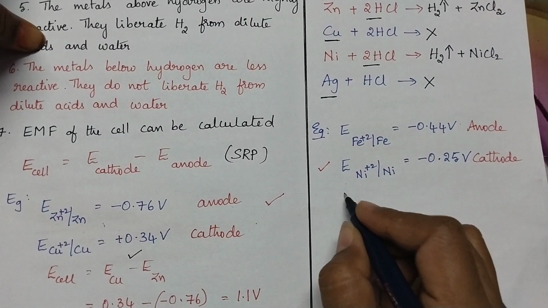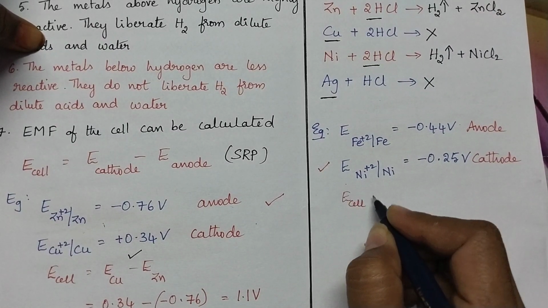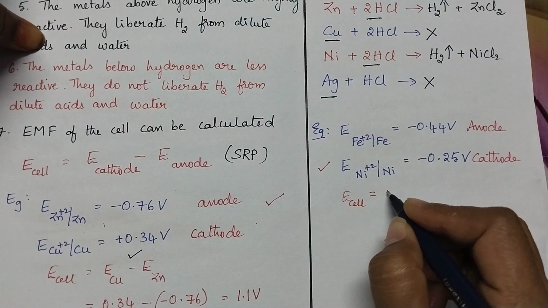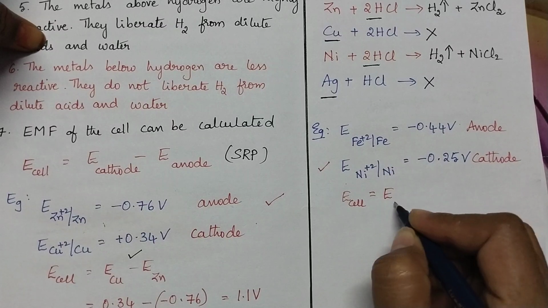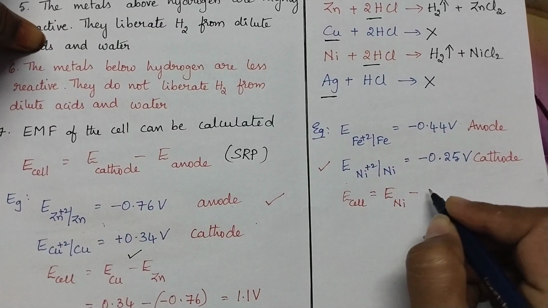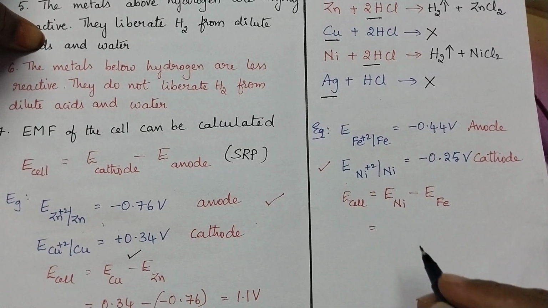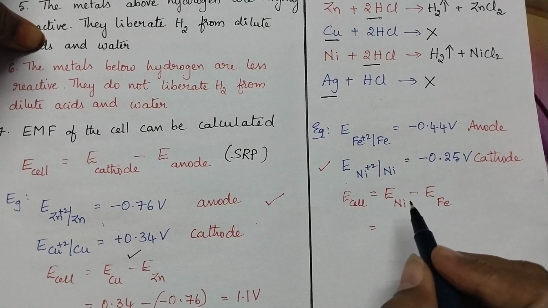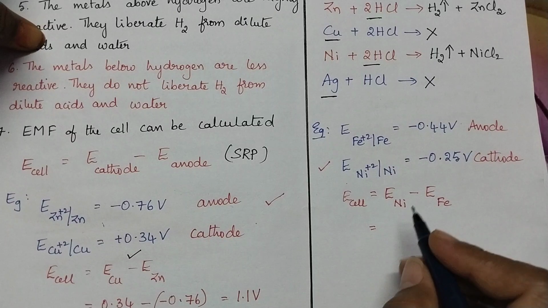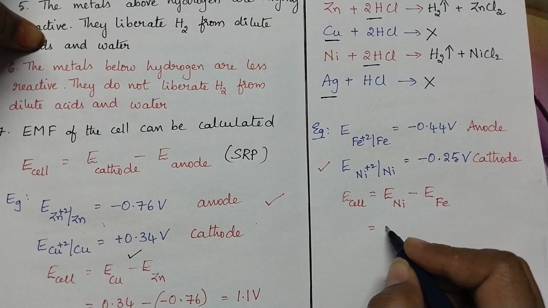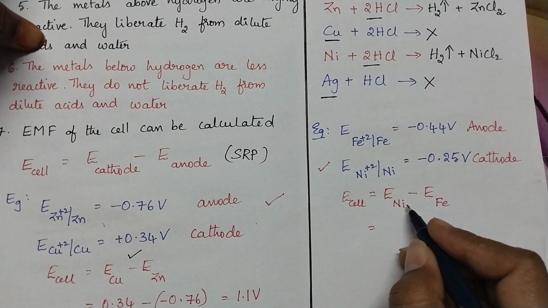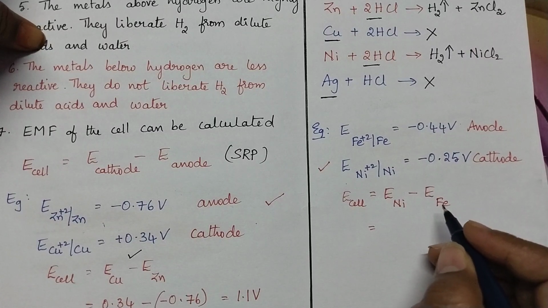So, simply we can calculate the EMF of the cell by using the formula E cathode minus E anode. Here the cathode is nickel, whereas the anode is iron. So EMF of the cell is equal to E cathode minus E anode. That means in this case, electrode potential of nickel minus electrode potential of iron.